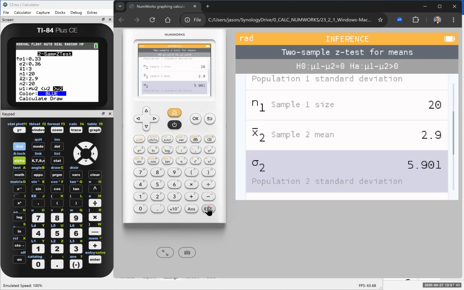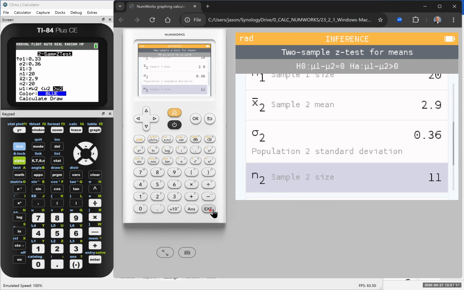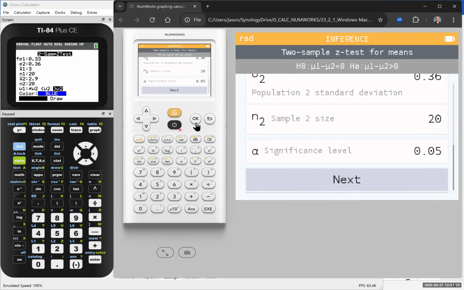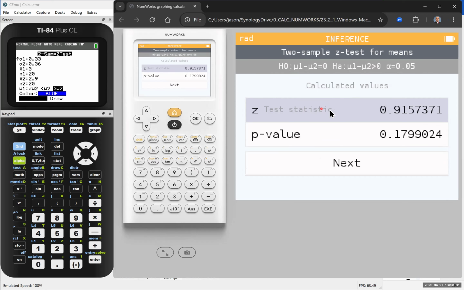Sigma 2 is 0.36. This was a sample size of 20. And a 5% significance level. Okay, next. All right, so here's our test statistic and our p-value.